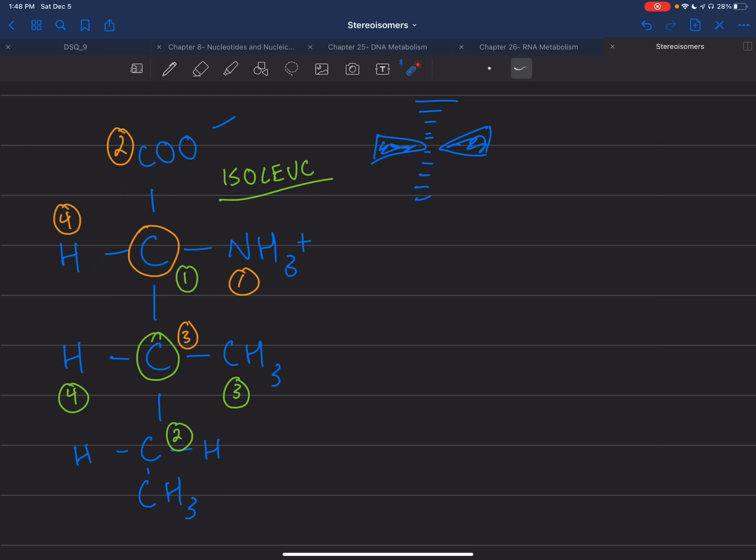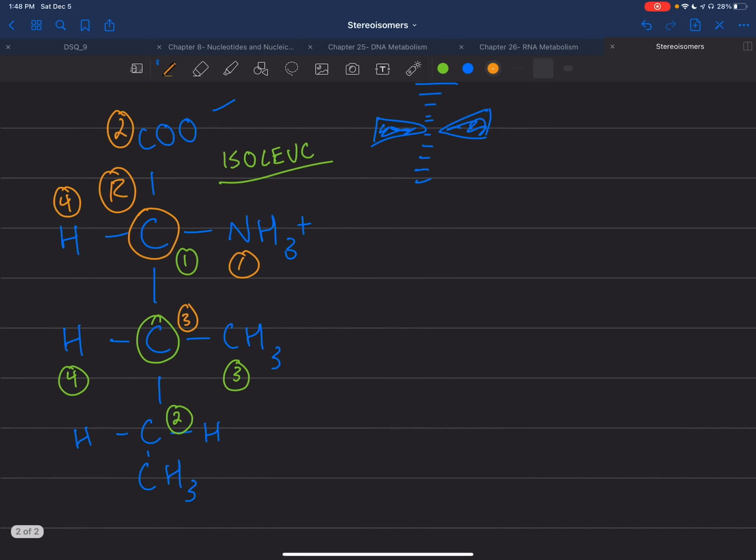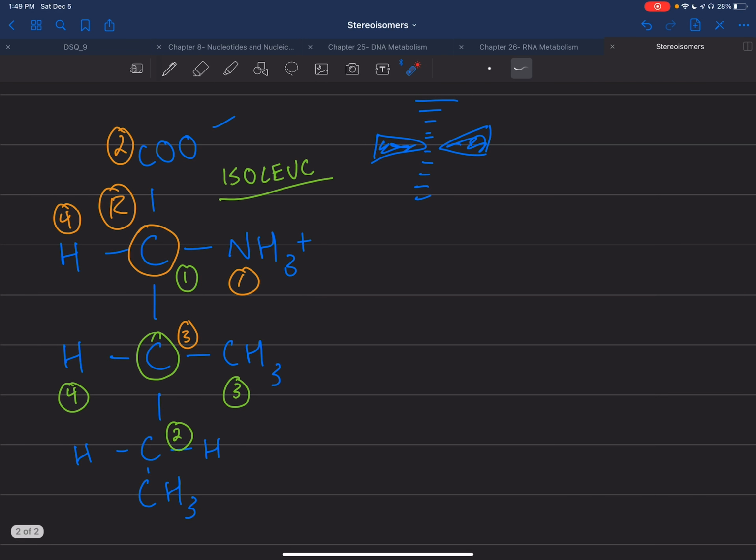We're going to the left, which is going to be S. However, our hydrogen is not in a vertical position. So 1, 2, 3. So this will be R. And this one down here is going to be 1, 2, 3. Left, again, not where we want it. So this is going to be R also. Okay.